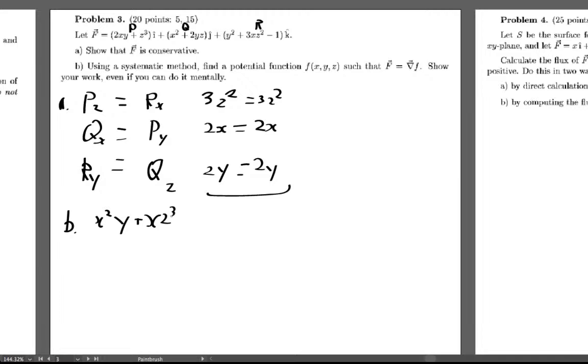Now when you do the integral of Q in terms of y, you would get x squared y, which is something that we already have, plus y squared z. And that's that. But last time we haven't figured out what xz cubed is. But we have at least figured this out.